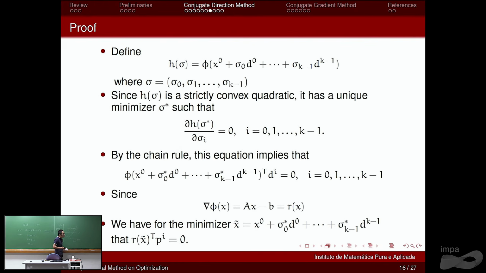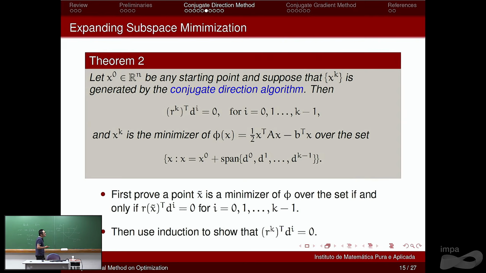Let us review the result a little bit. We see that xk is generated by the conjugate direction method. First, all the residuals at xk are orthogonal to all previous directions, and also xk is the minimizer of this convex quadratic over these subspaces.